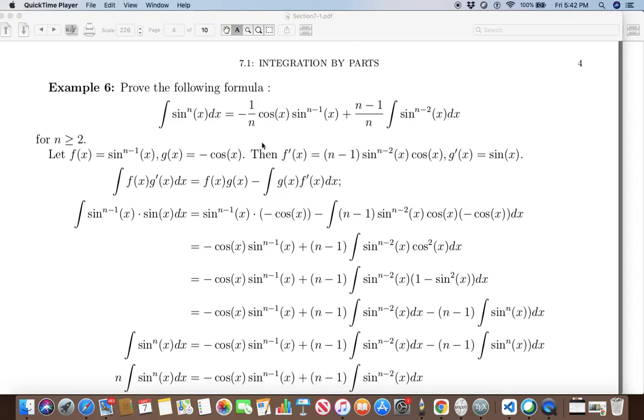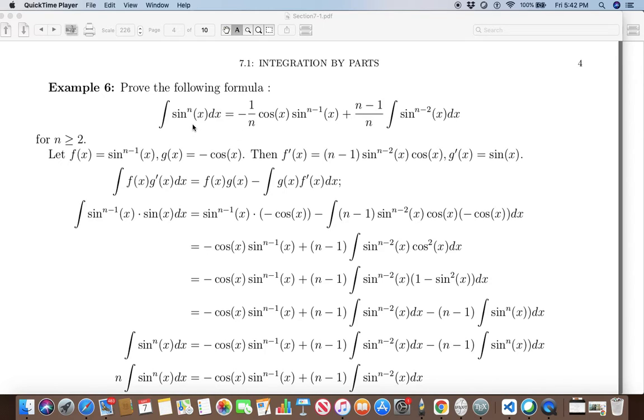Apply it again, you come down to sine power 6. Continue to sine power 4, sine power 2, and sine power 0, which is 1. The integral of 1 is x. Then you can put all the integrals together and eventually read off the integral of sine power 10. So there is a point to this formula.